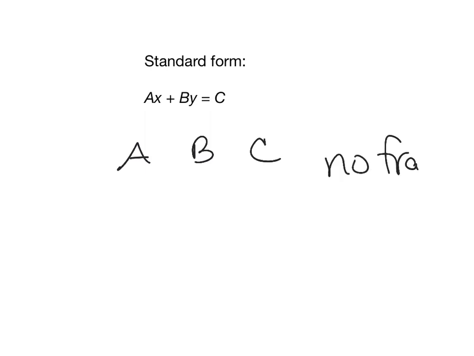So if after we put something into standard form, rearranging it, there are any fractions, you would multiply everything by the denominator to clear those fractions. The other stipulation here is a has to be positive. B and C can be negative.